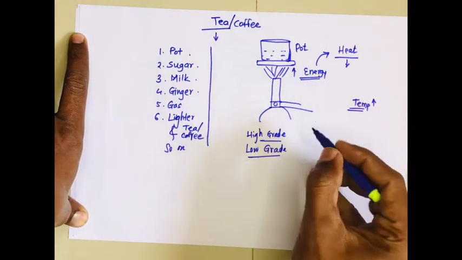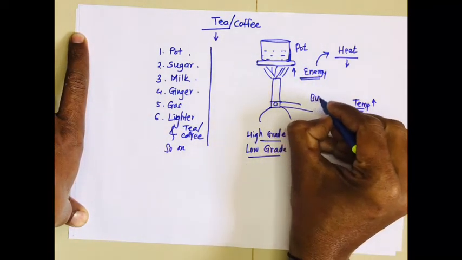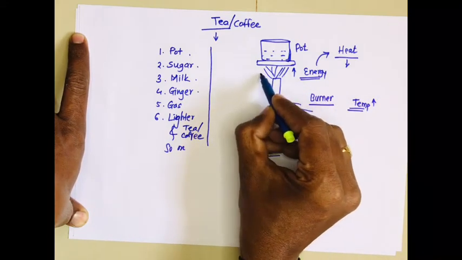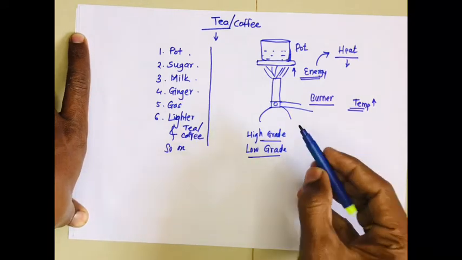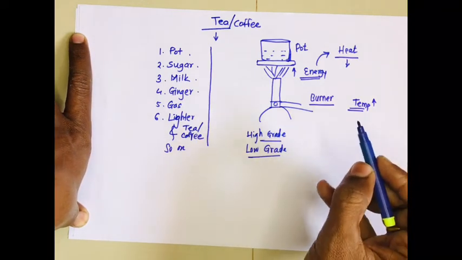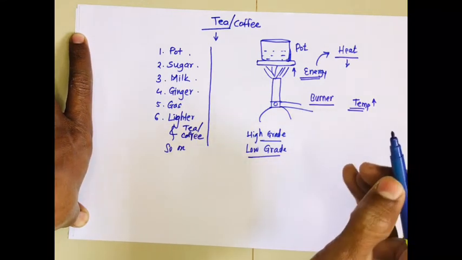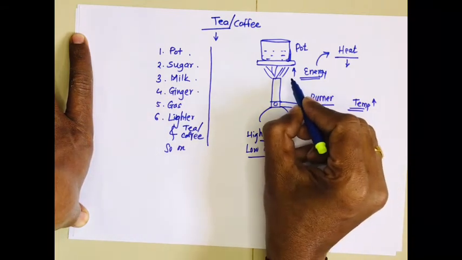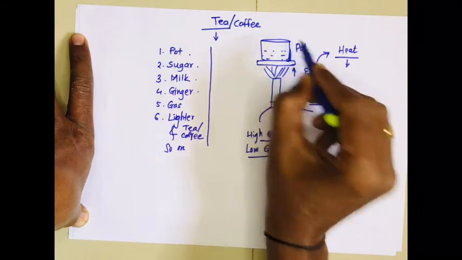Let us say we are going to use the burner. With the help of a lighter we ignite the burner, and as soon as we ignite it, some amount of energy will be generated at that location. That energy will be transferred towards this pot.